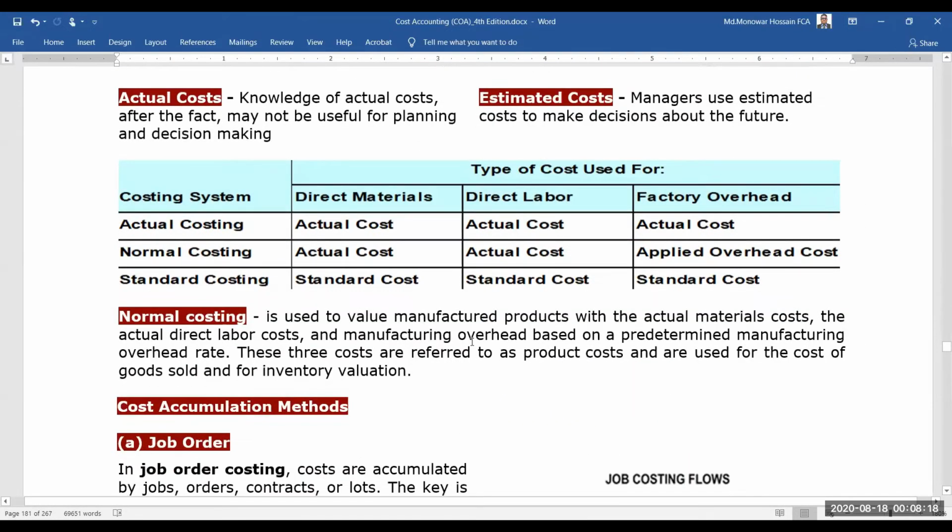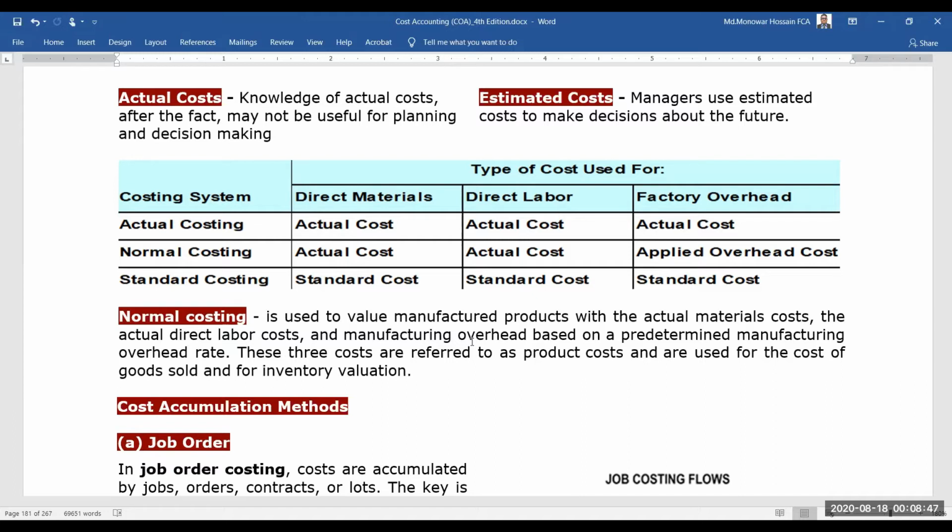And look here, actual cost may be known, but actual cost after the fact may not be useful for planning and decision making. With estimated cost, managers estimate cost to make decisions about the future. So look here at the types of cost used for the costing system.